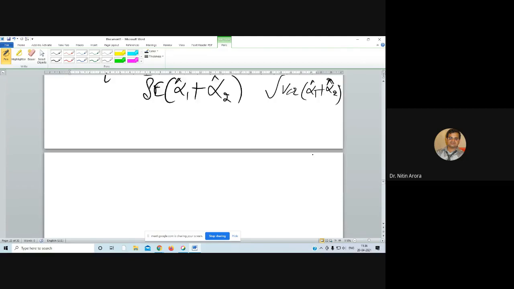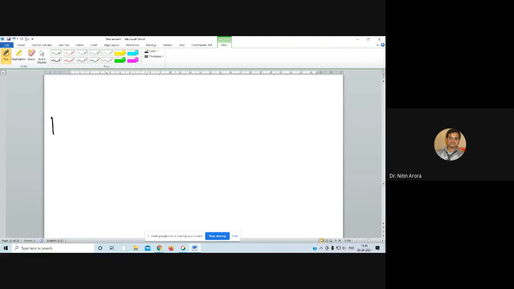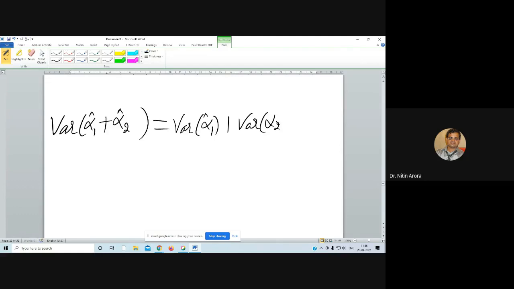Now the variance of alpha 1 cap plus alpha 2 cap can be written as variance of alpha 1 cap plus variance of alpha 2 cap plus 2 times the covariance of alpha 1 cap and alpha 2 cap. In the last lecture, I had shown you how to store the variance covariance matrix.